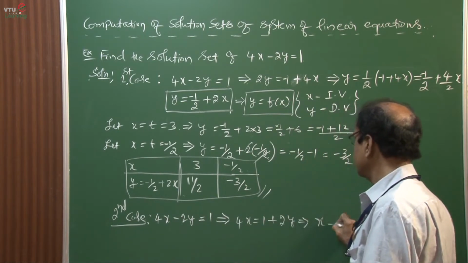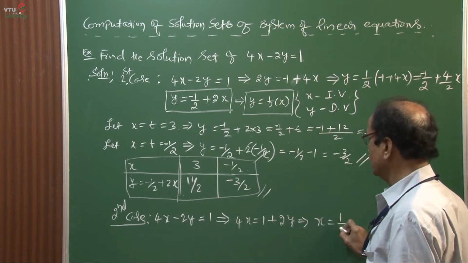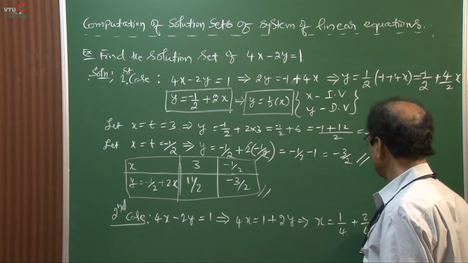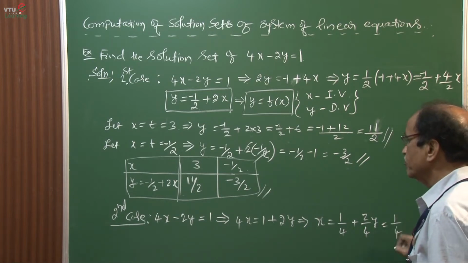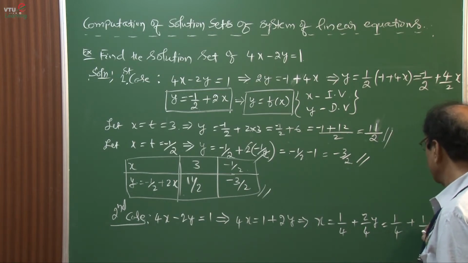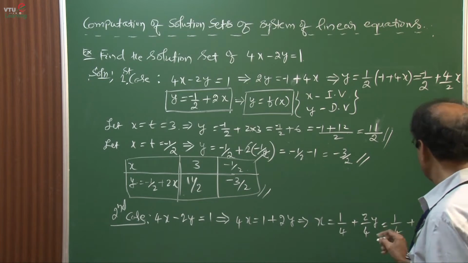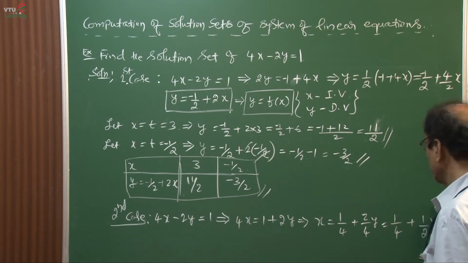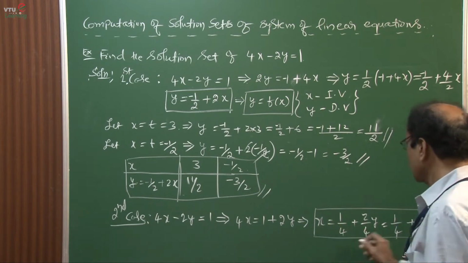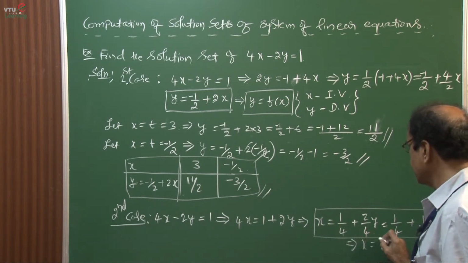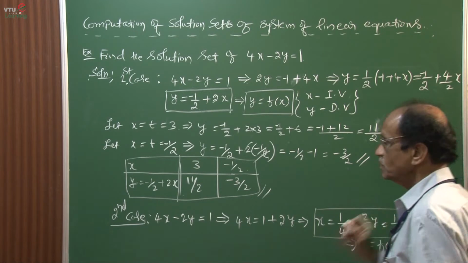This can be taken as x equal to 1 by 4 plus 2 by 4 into y. This is equal to 1 by 4 plus 1 by 2 into y. This is for x. So this clearly indicates x is a function of y.